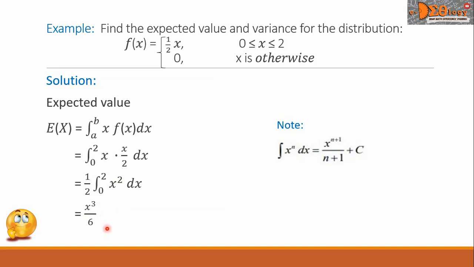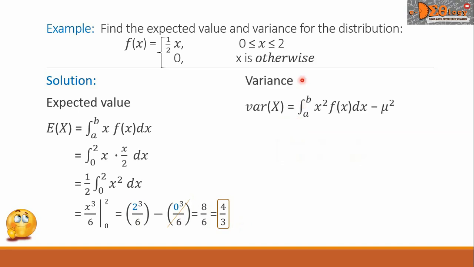And then, let us evaluate this with the limits of integration from 0 to 2. So we have now 2 cubed over 6 minus 0 cubed over 6. Simplifying further, the second fraction here will come down to 0. So 2 cubed over 6 will get 8 over 6. And the lowest term is simply 4 over 3. This is the expected value, or we say this is the mean.